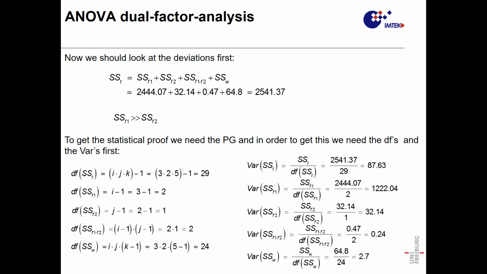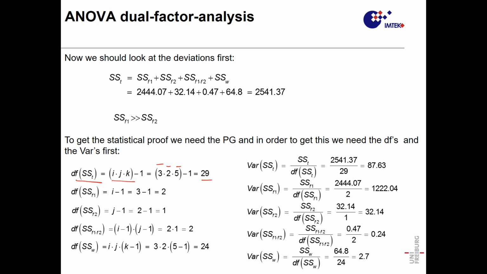So now we have the sum of square. What do we need? We need the degrees of freedom, right? Because we have to find the variance. Degrees of freedom for two-factor analysis. First, the degrees of freedom of the total: multiply the number of samples that you have in each of the groups. So we have 3 production lines, 2 pH, 5 points inside each, minus 1, so 29 is the degrees of freedom of the total.